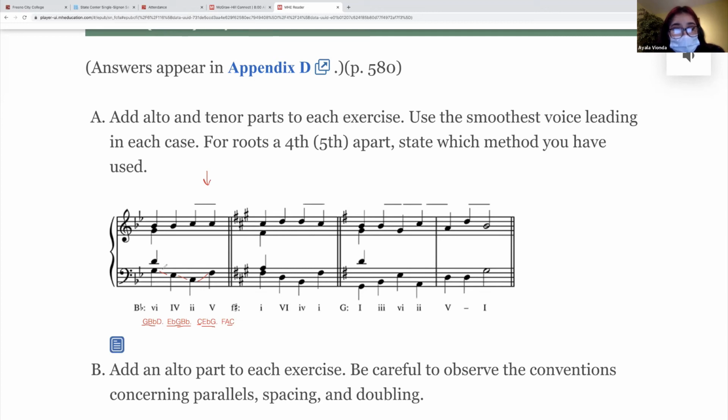Okay, so when we move by a third, we know that we have 2 common tones, and the other voice moves by stepwise motion. So here we have a B flat. Our other common tone is the G, so we can stay on the G. And then the bottom note is going to move by stepwise motion. If we move up a step, we're going to get our E flat.